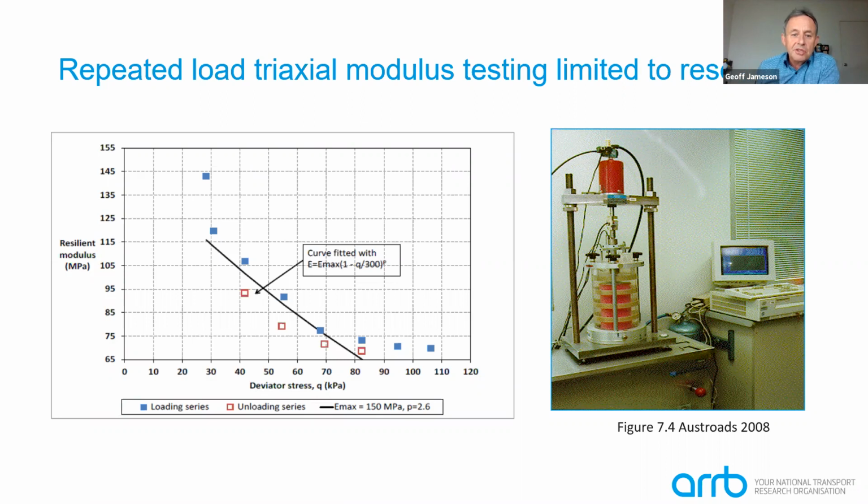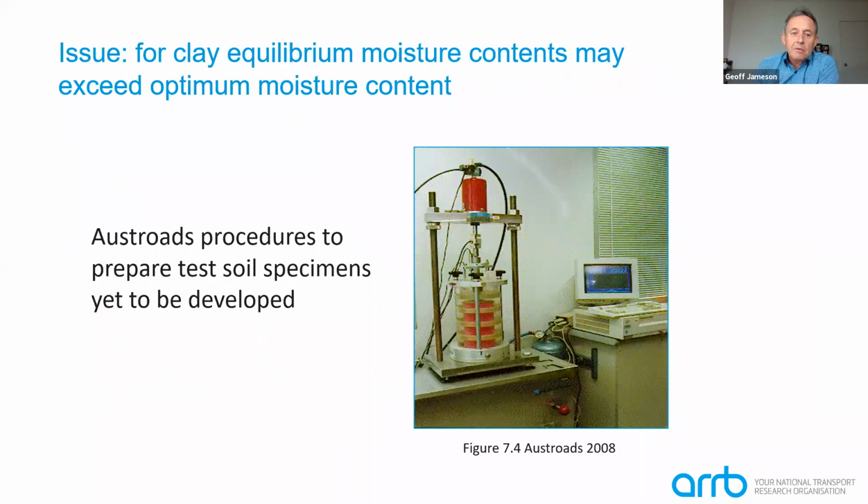They're limited to research. And we don't yet have an Austroads procedure for testing subgrade materials in repeat load triaxial testing. And one of the challenges for us is some of the materials like the clay subgrades can have equilibrium moisture contents above the optimum moisture content.